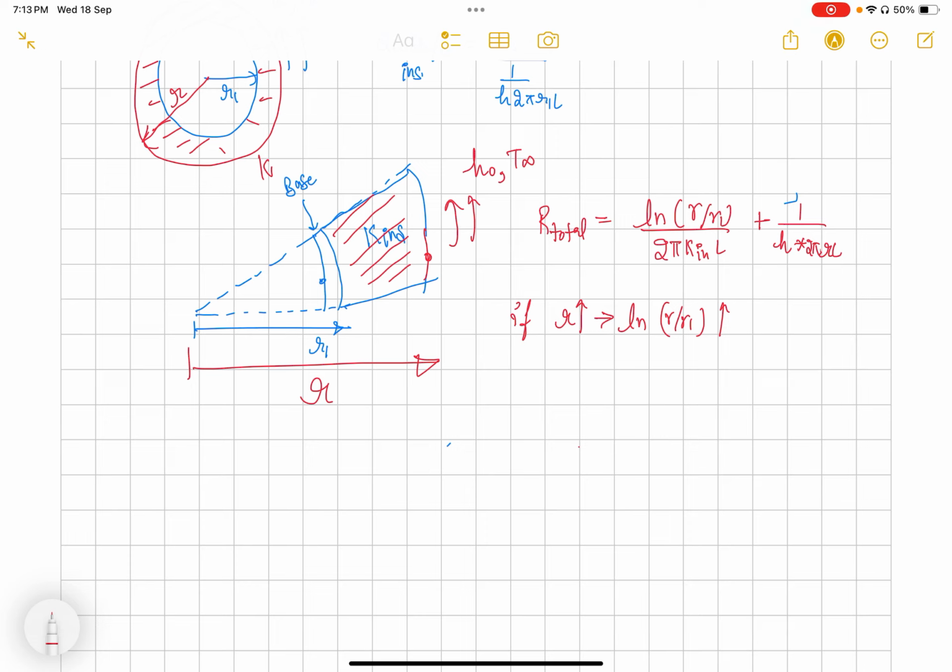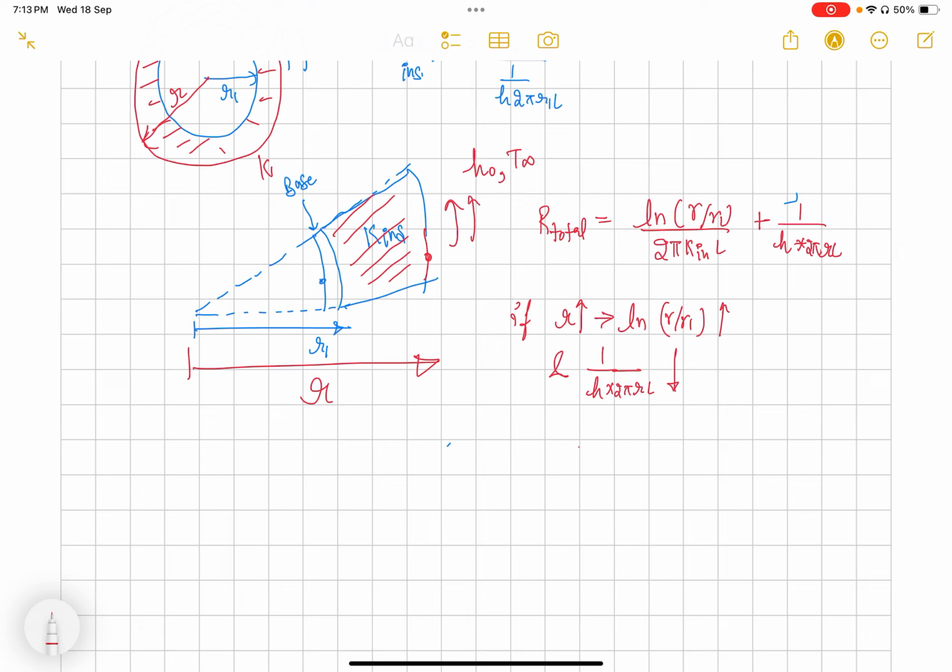What will happen to the convection resistance? R is in the denominator, right? 1 by h times 2 pi R L will decrease.